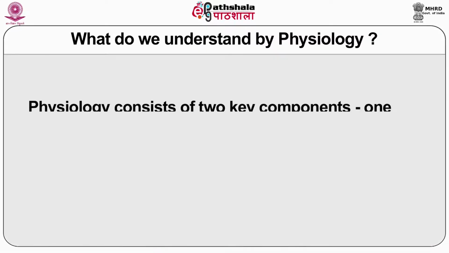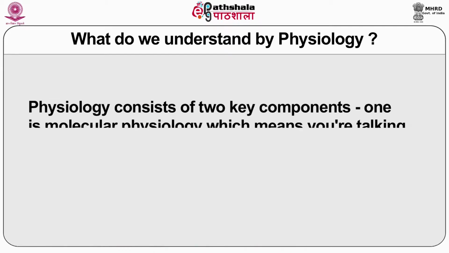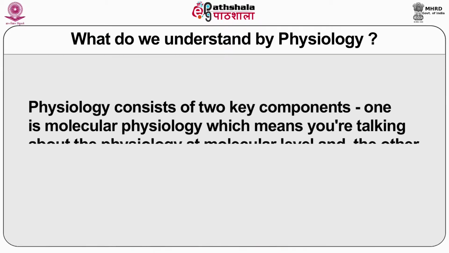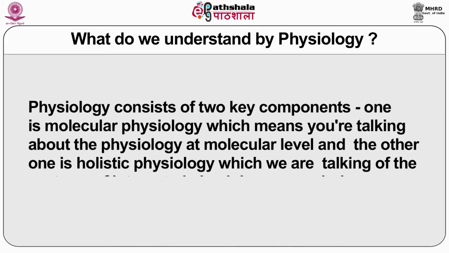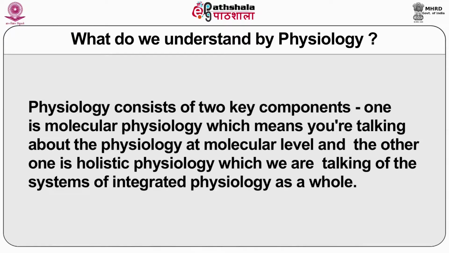Physiology consists of two key components. One is molecular physiology, where we talk about physiology at the molecular level, and the other is holistic physiology, where we talk about the systems of integrated physiology as a whole.